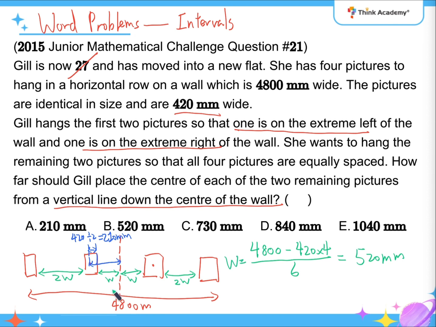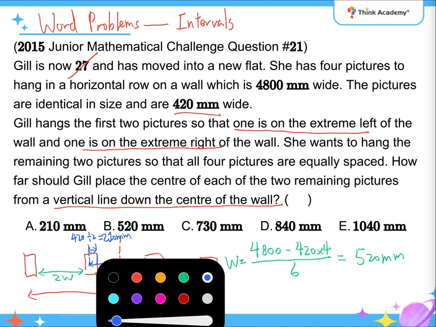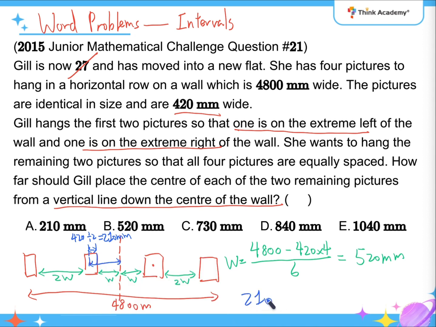So that's W. So altogether, the distance from the center should be 210, adding 520, which is 730 millimeters. So the answer is going to be C. All right.